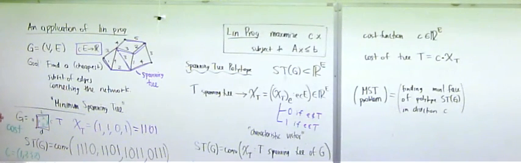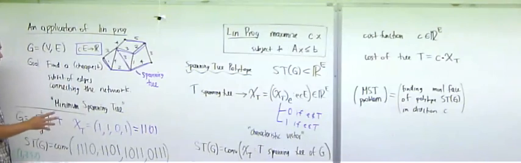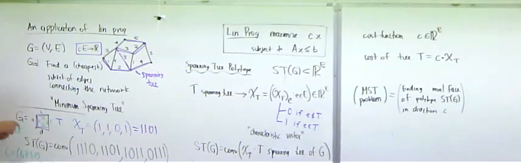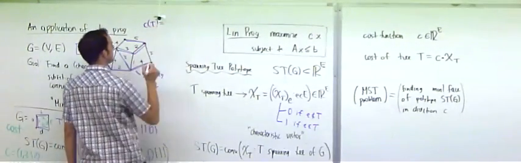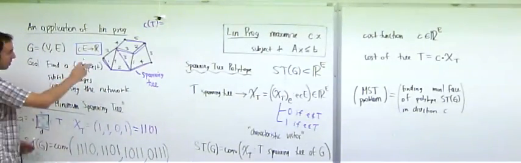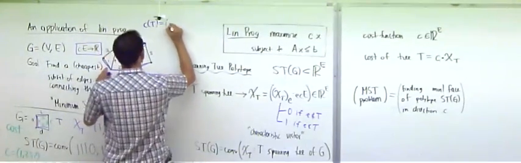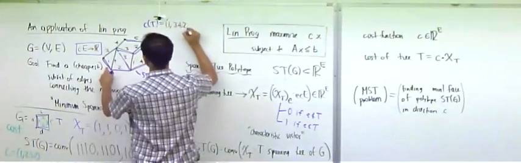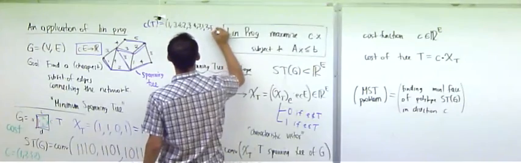And then the other thing that I'm saying is that if I want to find the cost of a certain tree, for example, the cost of this purple tree here, that's the result of taking the dot product of the cost function, which is all of these numbers, 1, 3, 4, 2, 3, 4, 3, 1, 2, 5, 4, 3.